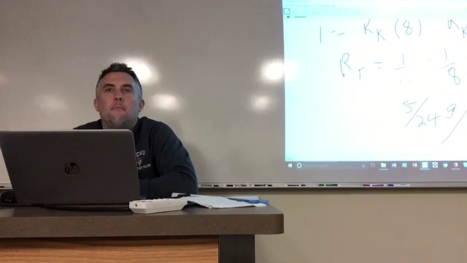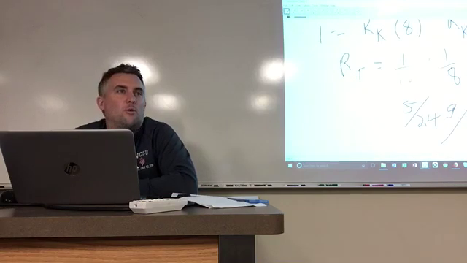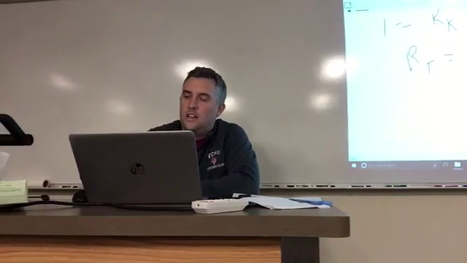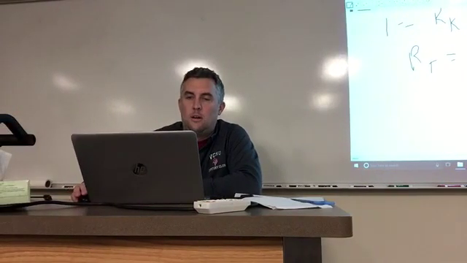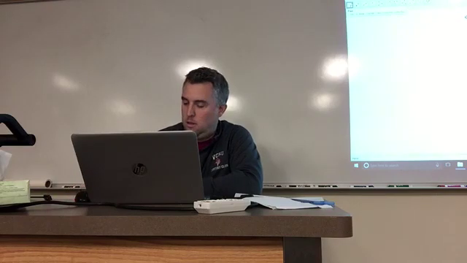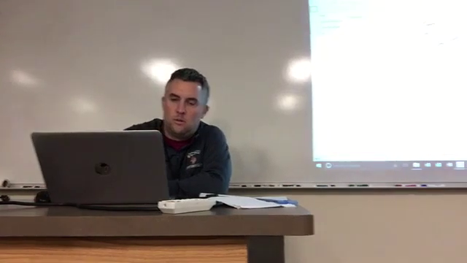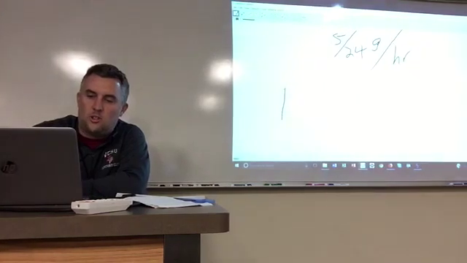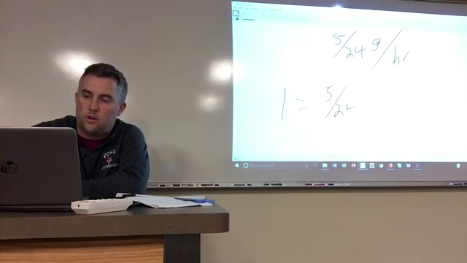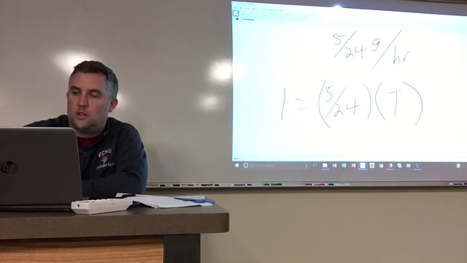You guys okay with that? Together we can do 5/24 of a garage per hour. So if I say one job, one garage is equal to rate times time. The rate is 5/24 of a garage, and the time, I don't know what the time is.